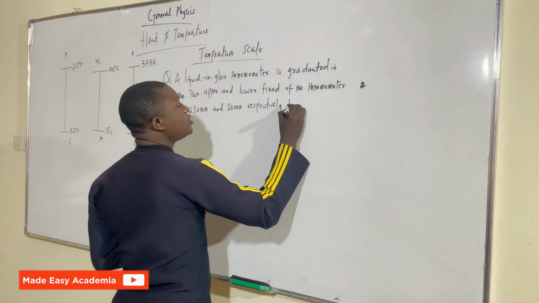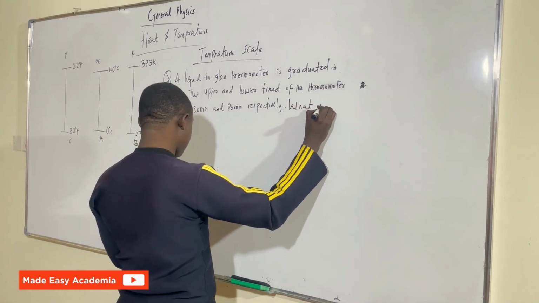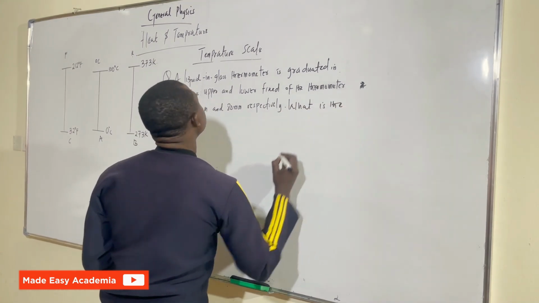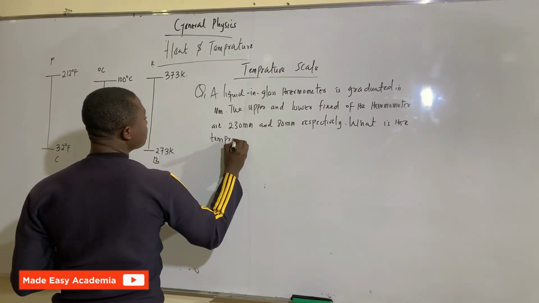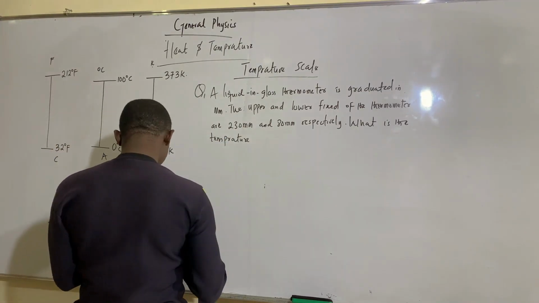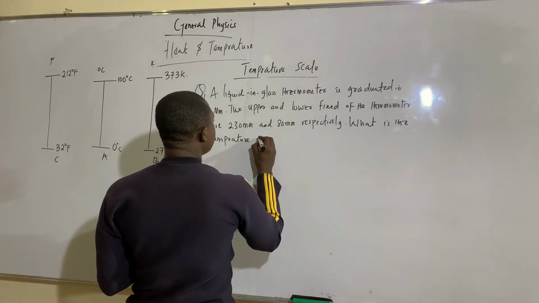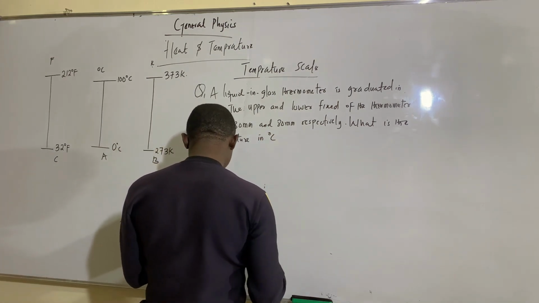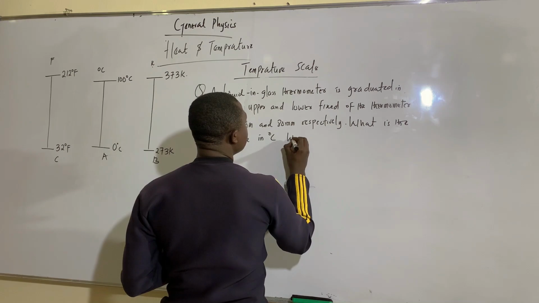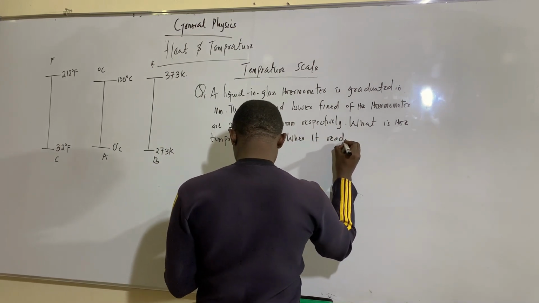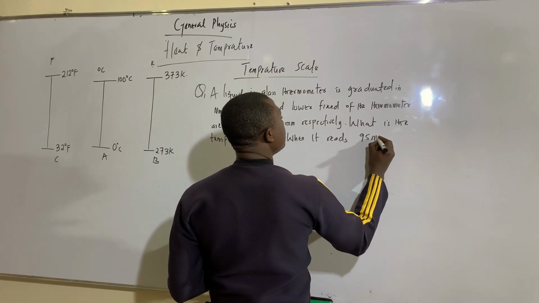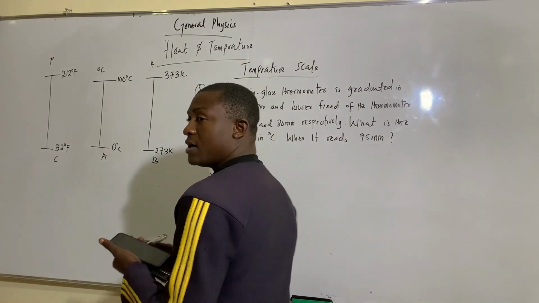What is the temperature in degrees Celsius when it reads 95 millimeter?